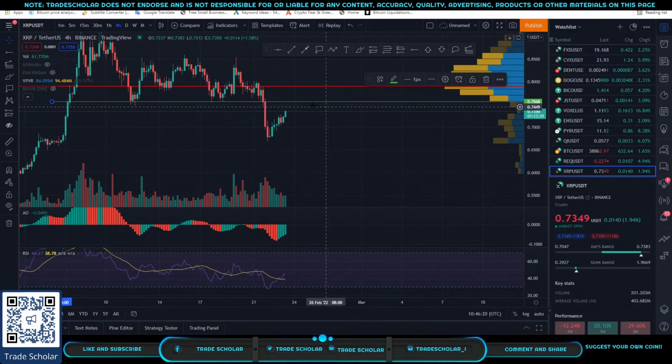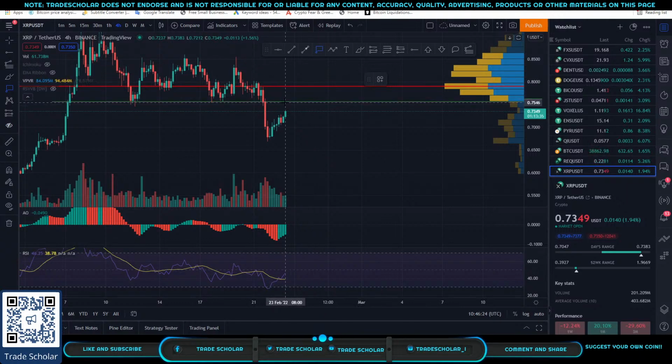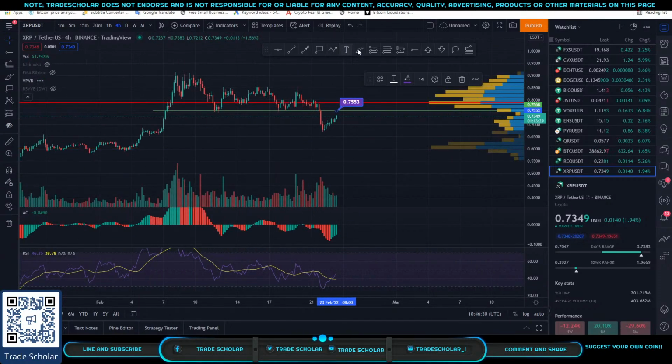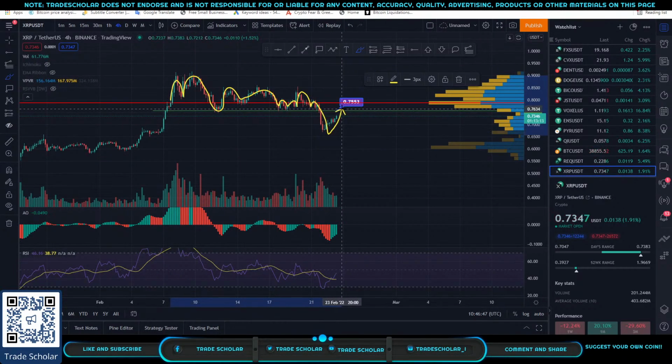We might get rejected here, because it's a strong support also. You notice, support, and then support, and then we get rejection and we try again.